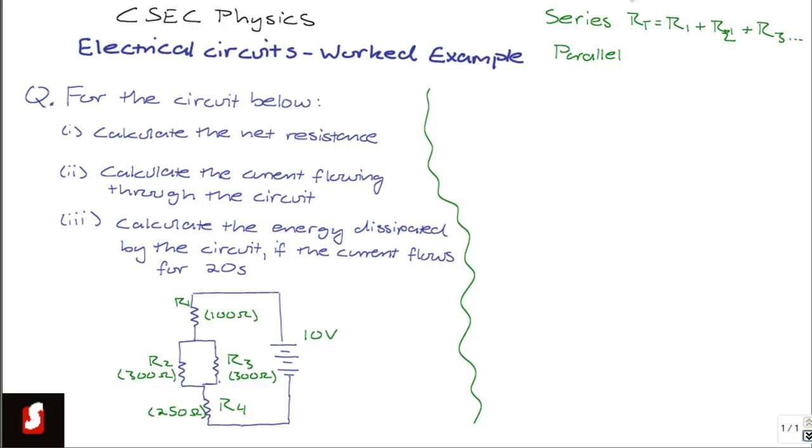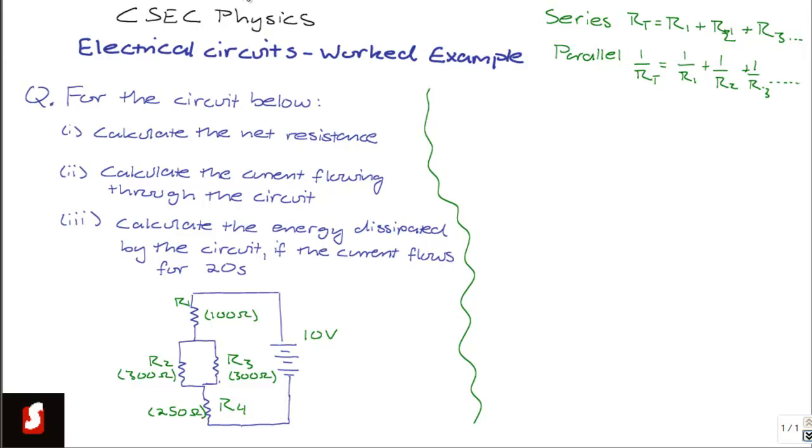So the resistances add. For parallel resistances, the reciprocal of the resistances add. So 1 over the total resistance is equal to 1 over R1 plus 1 over R2 plus 1 over R3 and so on.